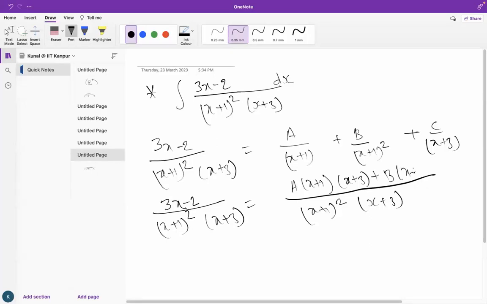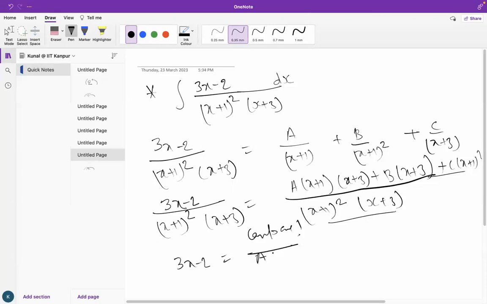B into (x plus 3) and plus C into (x plus 1) whole square. We can remove the denominator part because it will be the same in both LHS and RHS. So now compare. So what we get here, 3x minus 2 is equal to A into (x plus 1) into (x plus 3) plus B into (x plus 3) plus C into (x plus 1) whole square.